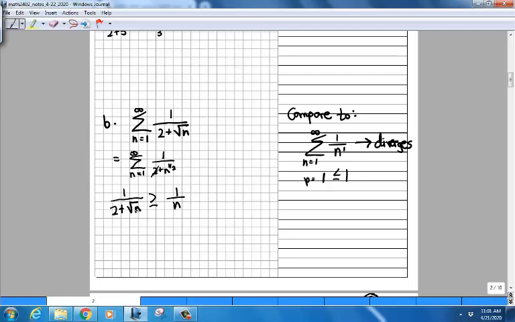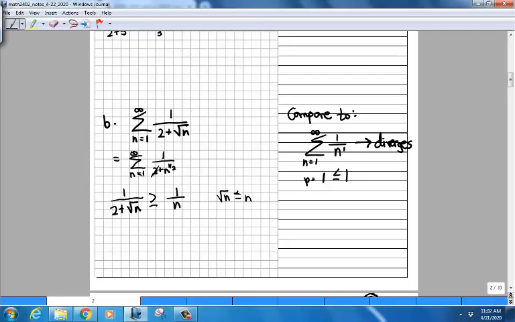Because square root of n is less than or equal to n, right? When you take the square root of a number that's bigger than or equal to 1, you get a smaller value than the original number.